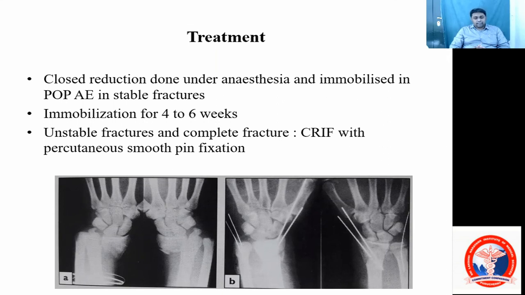If the metaphysis is involved and the epiphysis is intact, you can treat it conservatively. But if the epiphysis is involved and there is a displacement, then you have to reduce the fracture 100% and then pass smooth pins. Why are smooth pins applied? Because we don't want to injure the epiphysis, which is nothing but the growth plate.